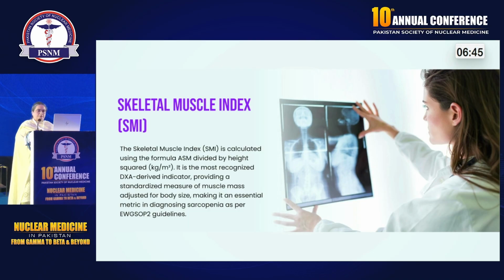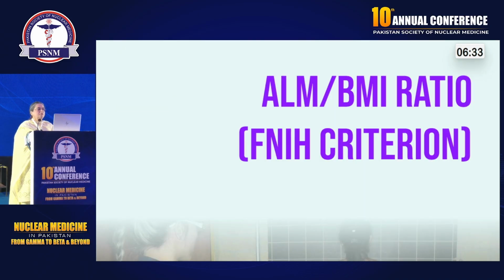To diagnose sarcopenia, they take the muscle mass as well as the muscle strength, which involves the gait speed and other parameters related to muscle strength. The appendicular lean mass and BMI ratio is taken by the Foundation of the National Institutes of Health.